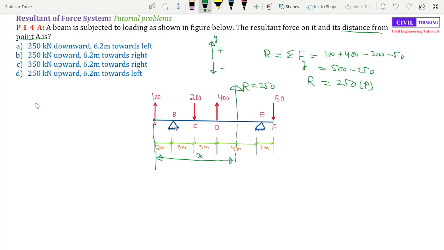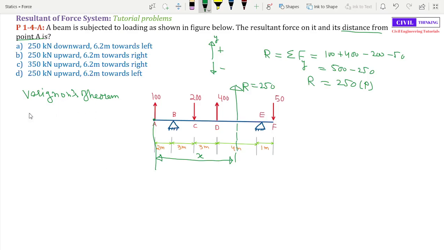Now we will apply Varignon's theorem to find the location of the resultant. Varignon's theorem is quite easy. I have already made a video lecture on Varignon's theorem. If you have not watched that video lecture, please watch it, though maybe you don't need to, because I will explain it here as it's very easy.